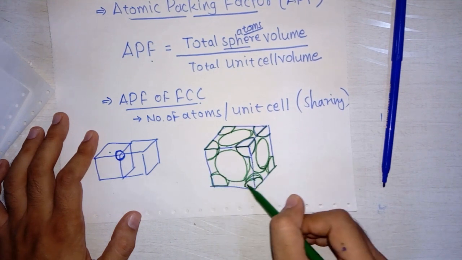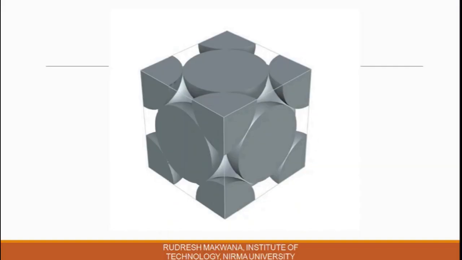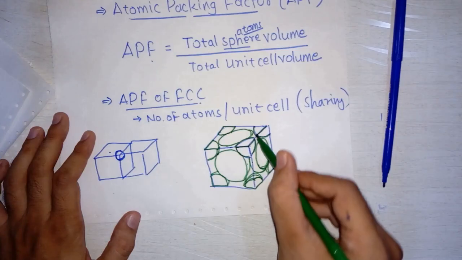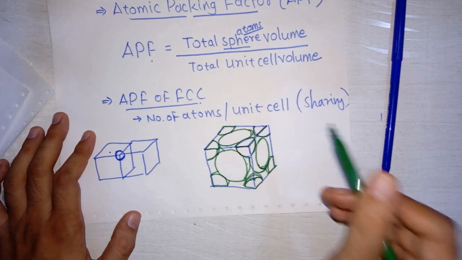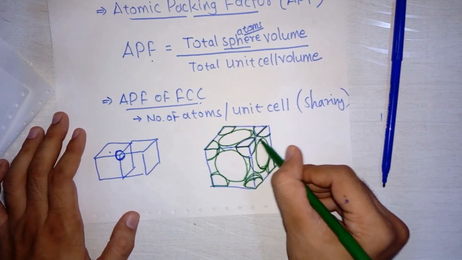This atom is touching this. Now understand what this representation is.